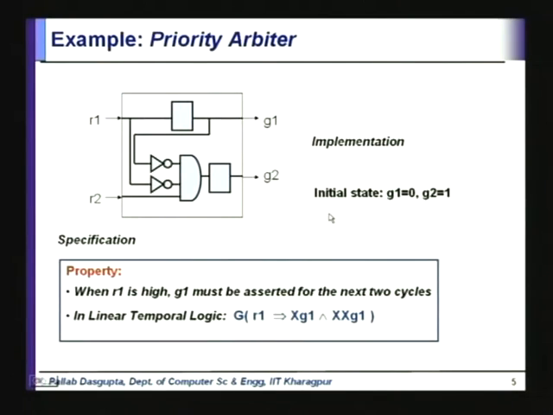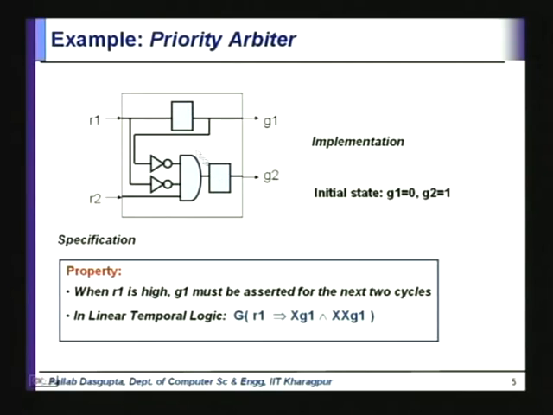So, this is our familiar example. This is a priority arbiter which arbitrates between two requests R1 and R2. It has two grants G1 and G2, and this is the implementation of that arbiter. The initial state of the arbiter is G1 low and G2 high.